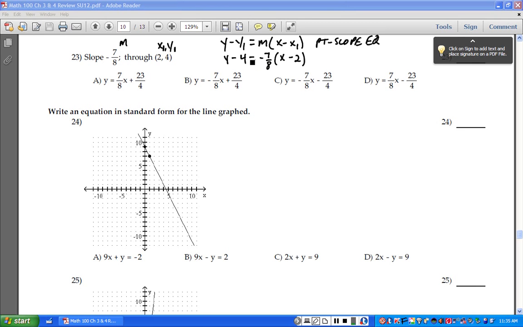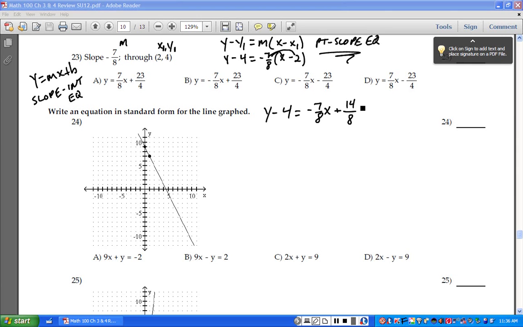It's in point slope form, but I need it in slope intercept form because the instructions told me they want the answer in y equals mx plus b form, which is slope intercept form. So to do that, I take my point slope and convert it by distributing my slope through the x minus x1 part. That leaves me y minus 4 equals a negative 7 over 8 x plus 14 over 8.